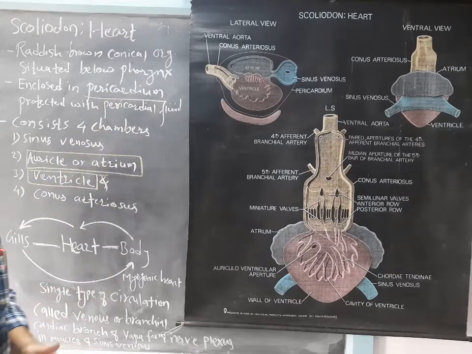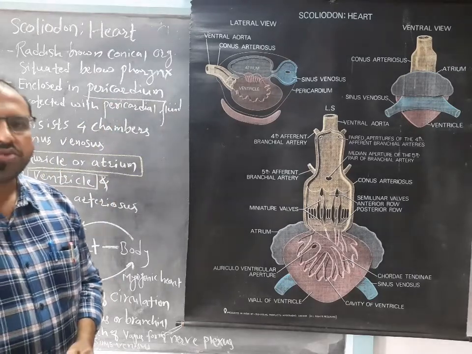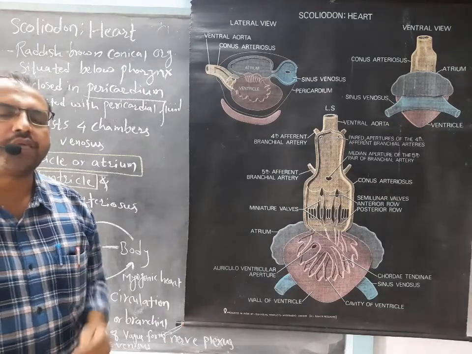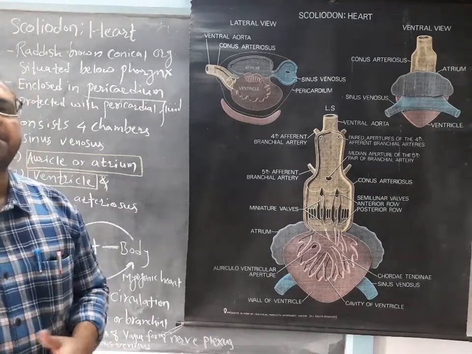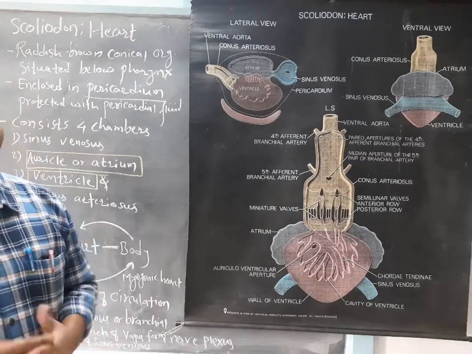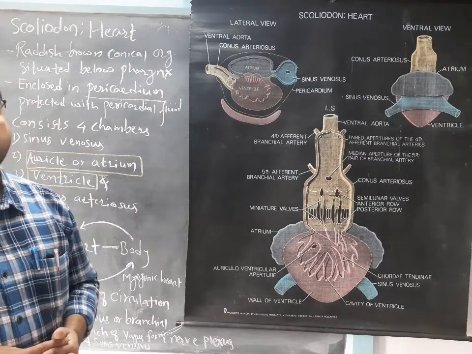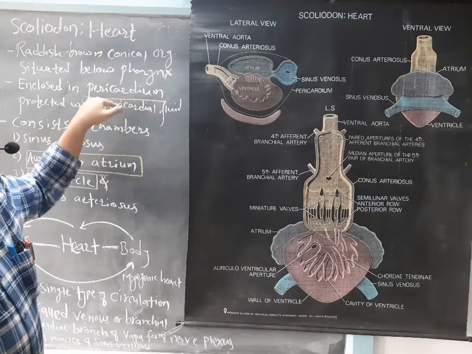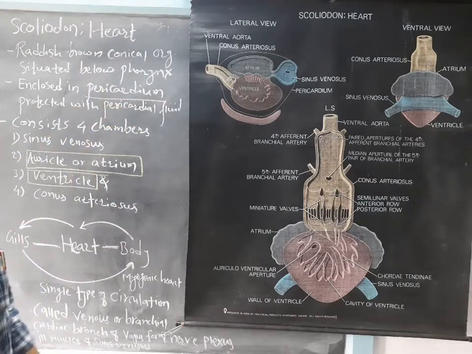The coelomic cavity bifurcates into two: the anterior pericardial cavity, while the posterior one is the perivisceral cavity. Cardium means heart and peri means surrounding. The cavity which surrounds the heart is called the pericardial cavity.